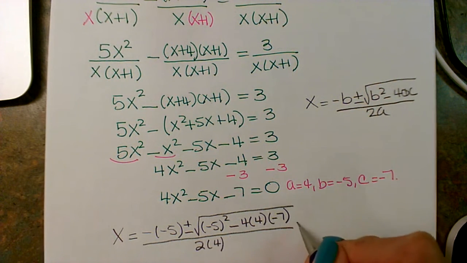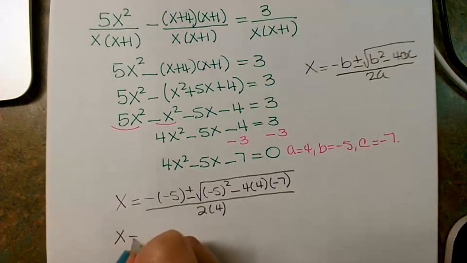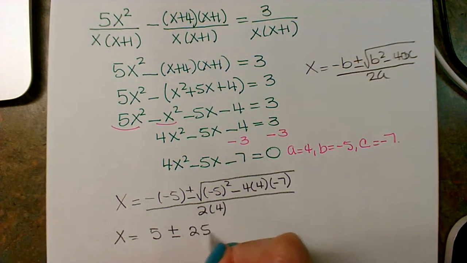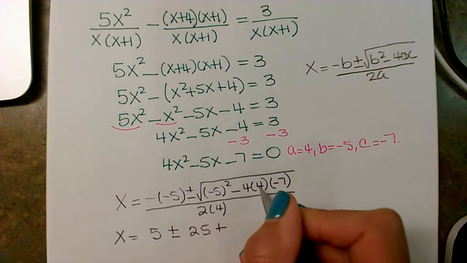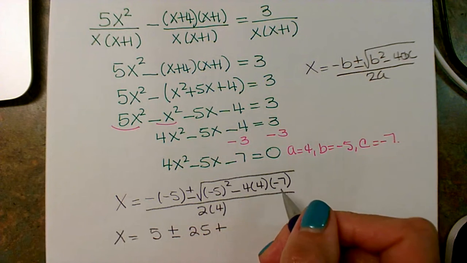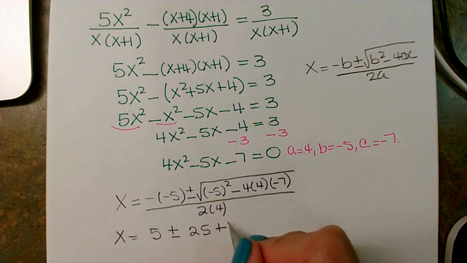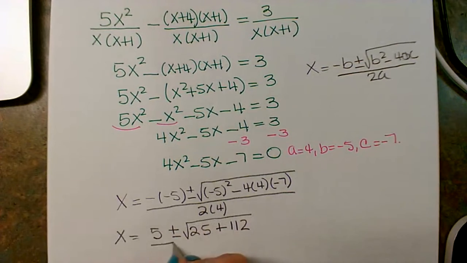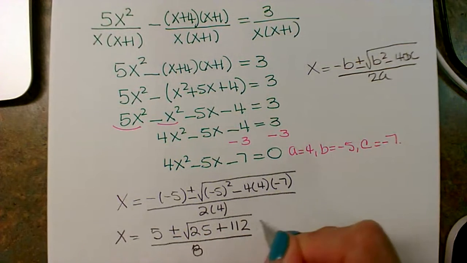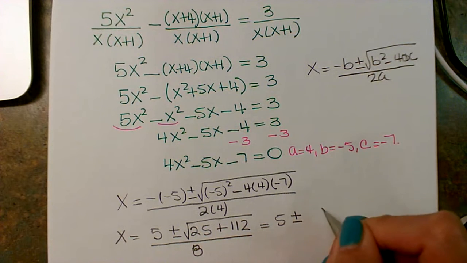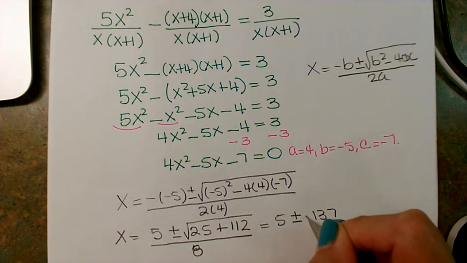So this is going to be 5 positive. This is going to be 25. 4 times 4 is 16. 16 times 7 is 112. 25 plus 112 is 137.